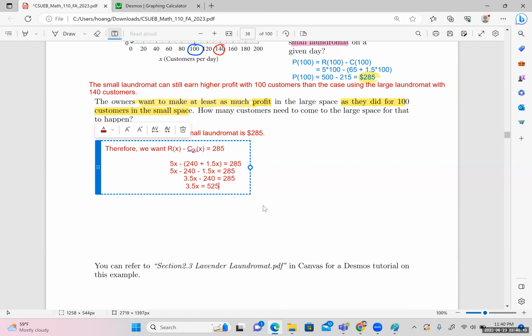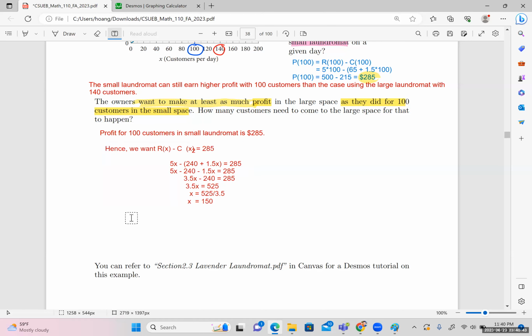Lastly, I will divide both sides by 3.5. 525 divided by 3.5 is going to be equal to 150. Hence, now I will make conclusions.